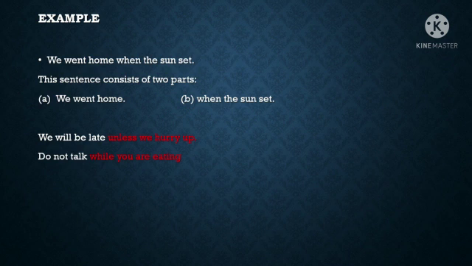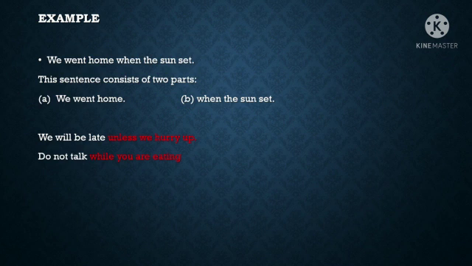Each part of the sentence is a clause. We know that, right? So, we know that we went home makes sense by itself and can stand alone. And so, such a clause is called the main clause, right? And main clause is also called independent clause and principal clause.